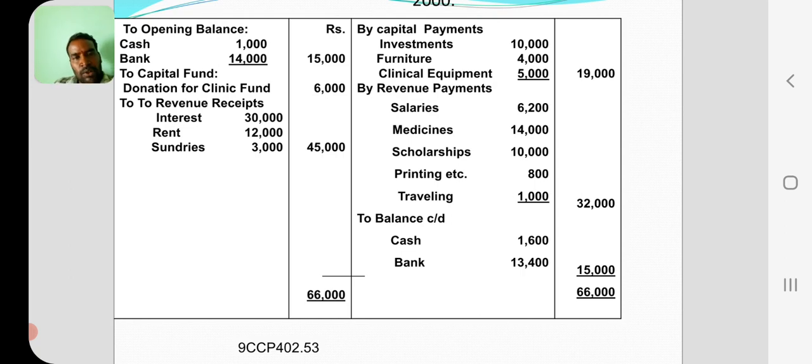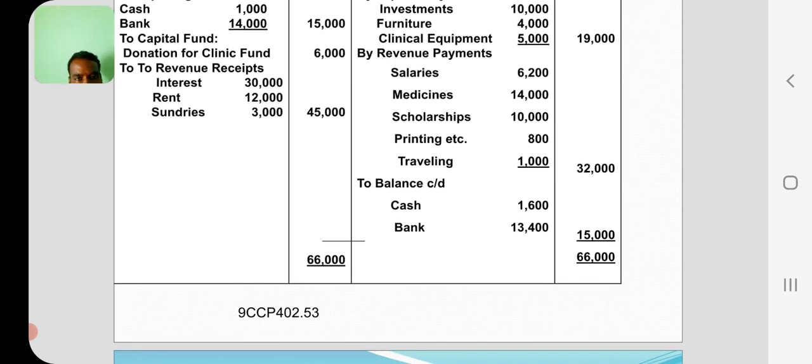Because they follow the nominal account rule, that is debit all losses and expenses and credit all incomes and gains. Whereas in trading organizations we prepare a balance sheet, in non-trading also we prepare a balance sheet.